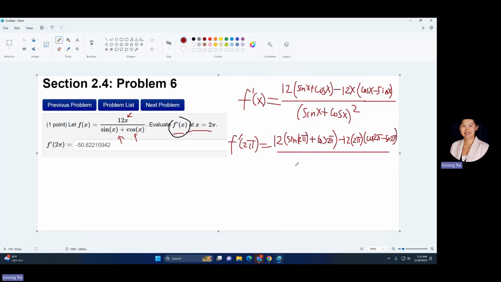This is over sine 2 pi plus cosine 2 pi, squared. So you can actually enter the whole thing as your answer.